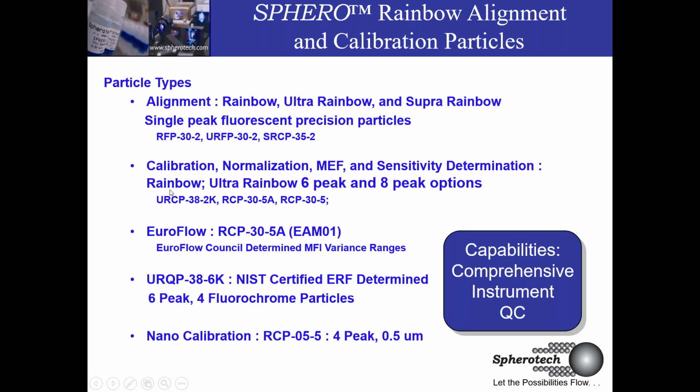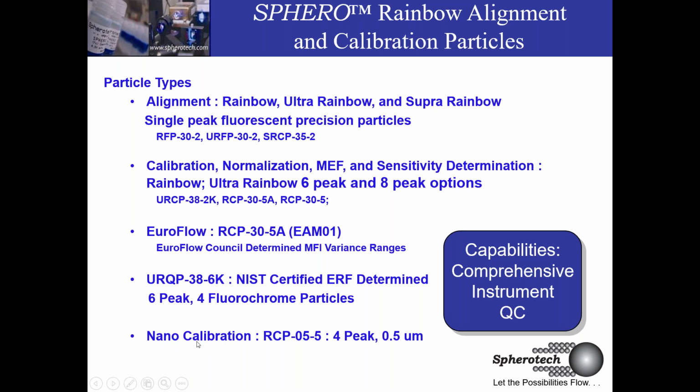Likewise, we have these multi-peak particles. We have the traditional rainbow 8-peak, 6-peak. EuroFlow, for any of you that are in the Eurozone or do follow the consortium, we have specific EuroFlow council-determined MFI variance ranges for these EuroFlow particles, but they come in the exact same kind of capabilities as the previous, as well as NIST.